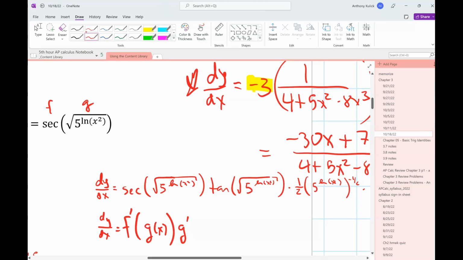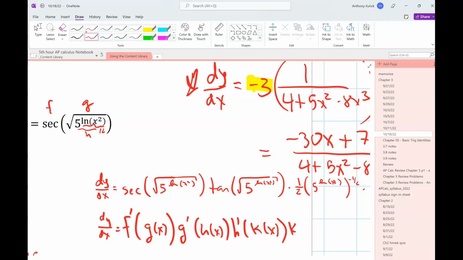Then I did g prime of, and then this stuff is h. And then h prime of this, which will be my k. My only confusion is, k prime of, did you do secant and then square root 5, and then tan, and then square root 5?